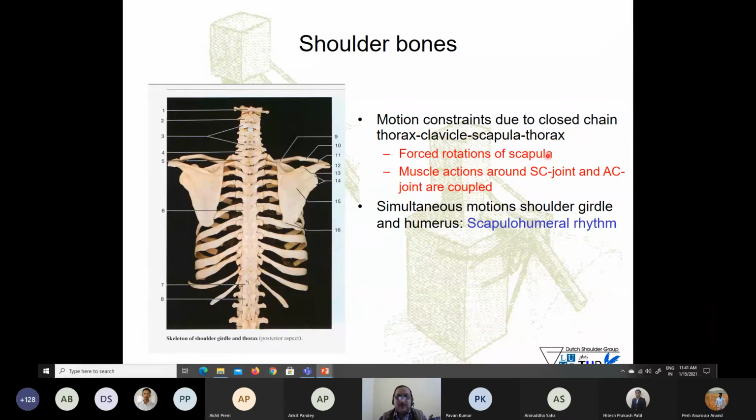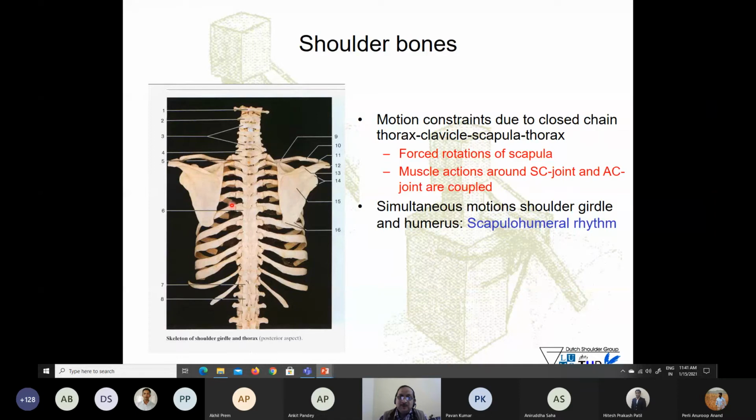The rotations of the scapula on the thorax are pretty much restrained. And the muscle actions around the sternoclavicular joint and the acromioclavicular joint are some sort of coupled. So simultaneous motion of the shoulder girdle.